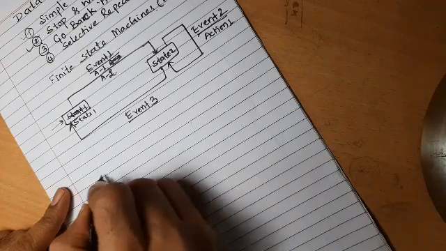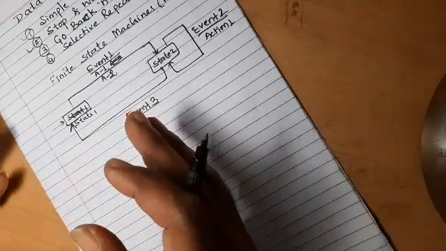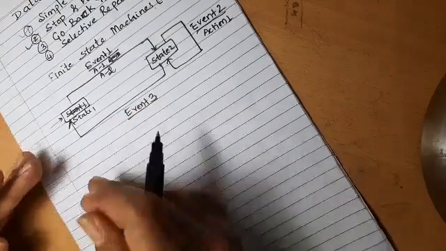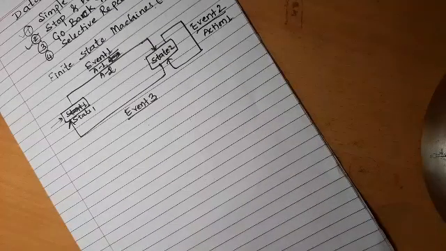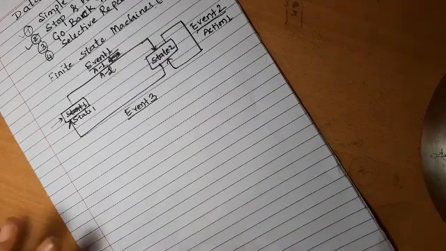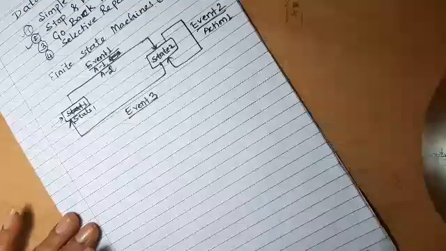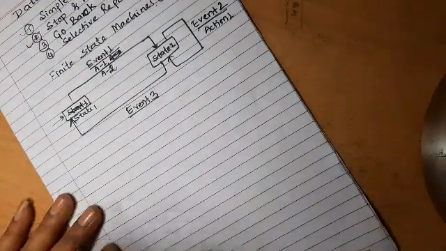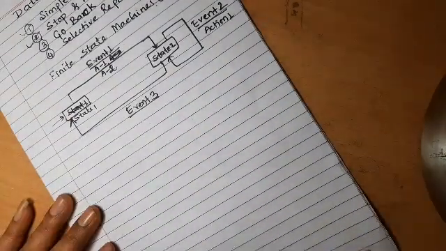Now, as you know, the simple protocol is a data link layer protocol. Its job is to send a packet from the sending side to a receiving side. In the case of the simple protocol, we are assuming certain situations.